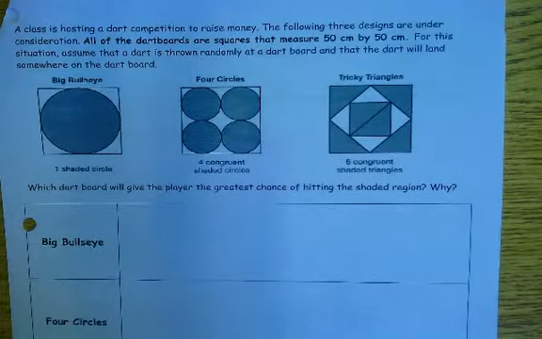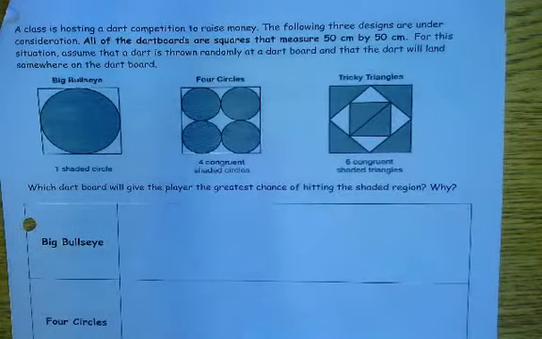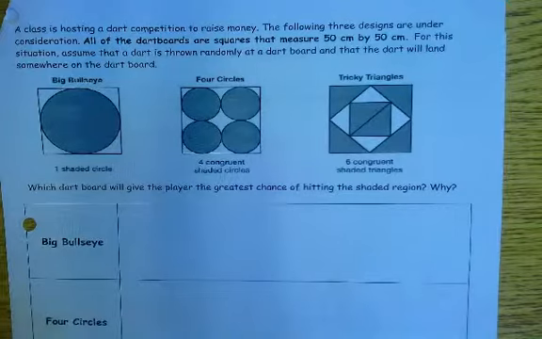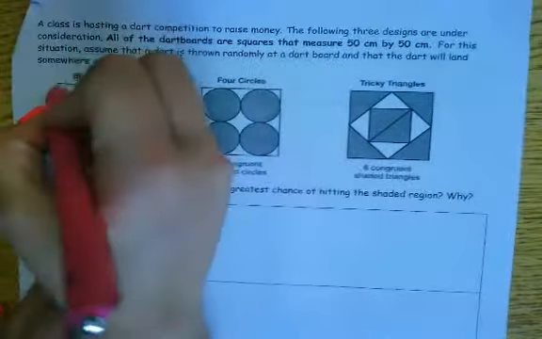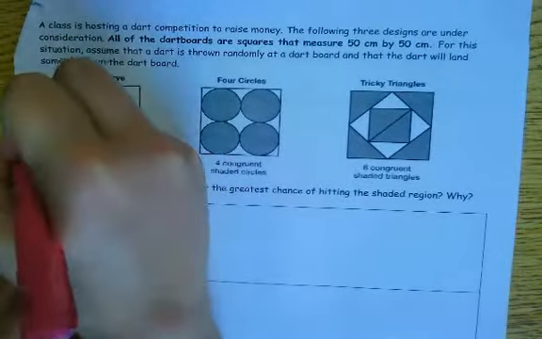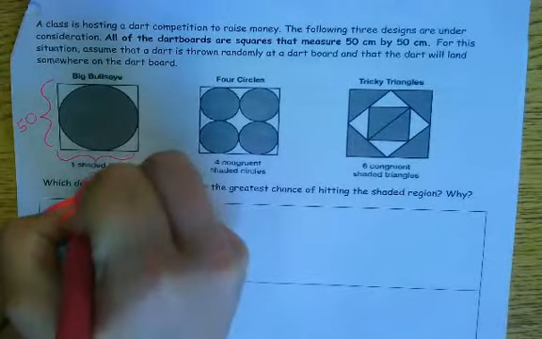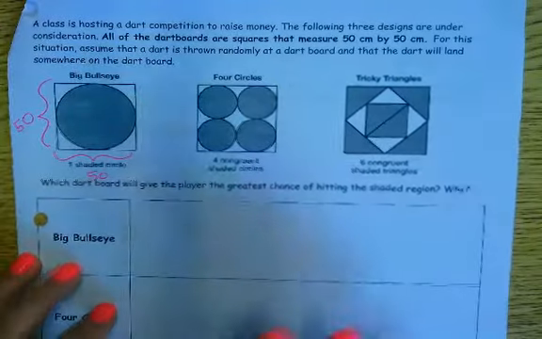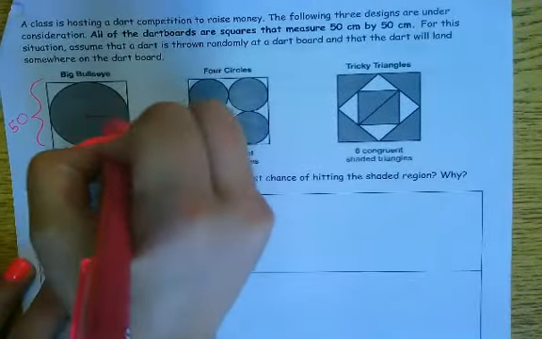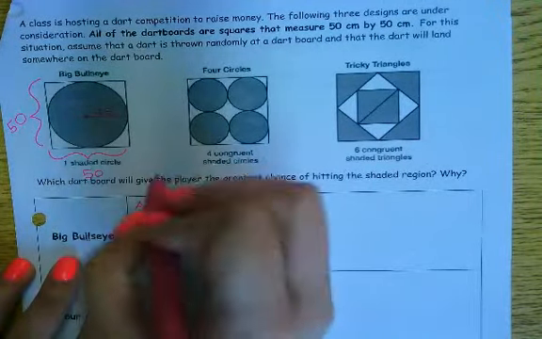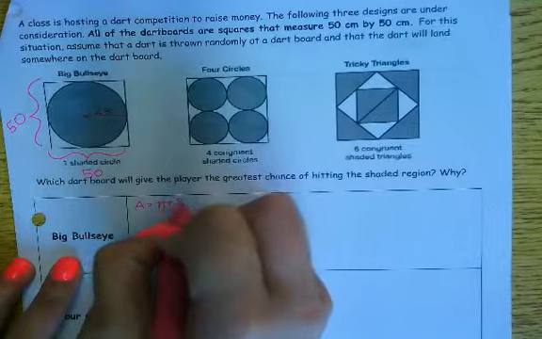Okay, so let's look at the big bullseye. Remember that we have a 50 by 50 board, making the radius of our circle what? 25. So what would the area of our circle be? Which is 625 pi.